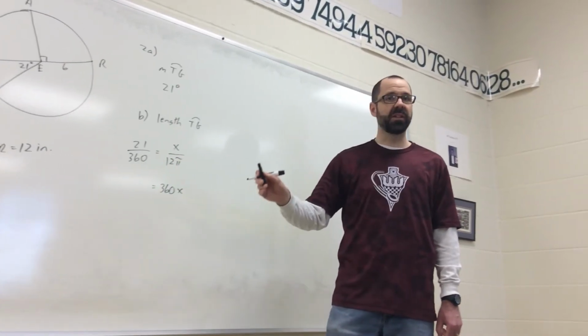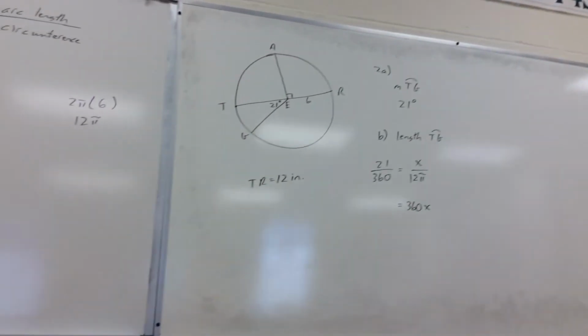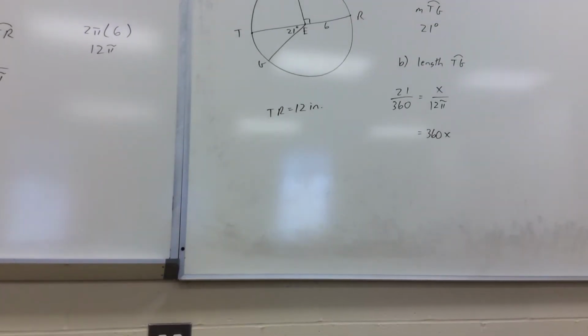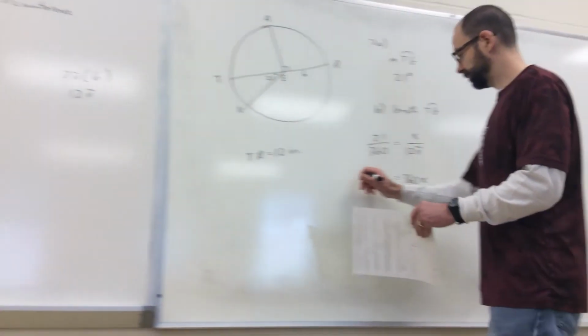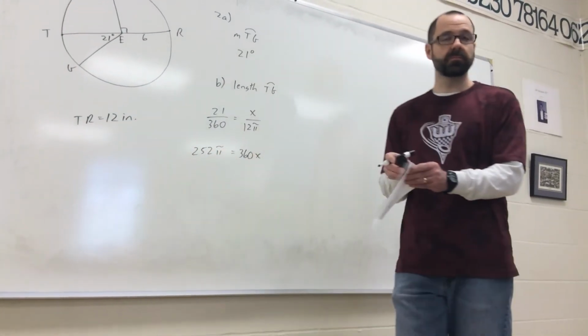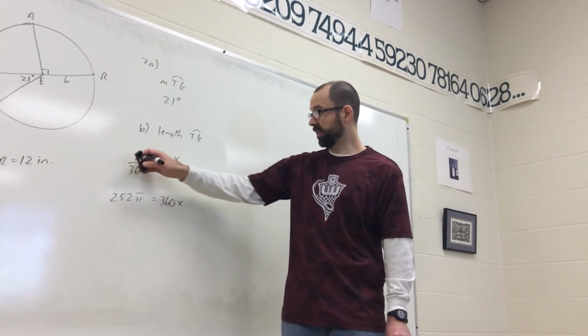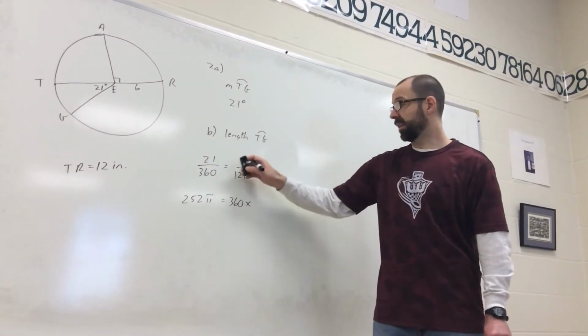21 times 12, I need the calculator for that. So that other cross product will be 252 pi. So I just took this times this, there's that, and then that times that.